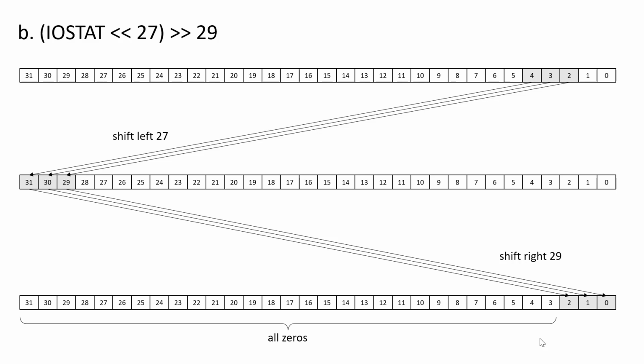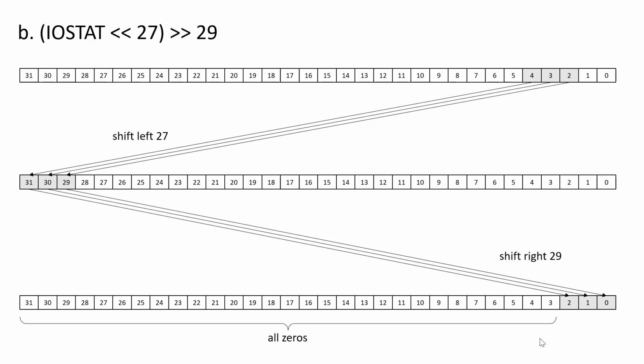Because we're taking bit position 4 and adding 27, that makes it bit 31.